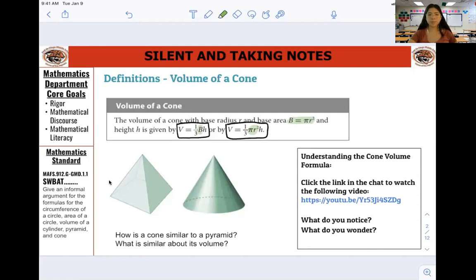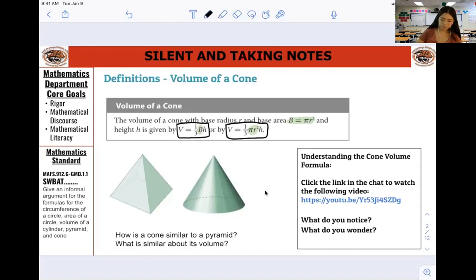Okay, but shape-wise, what's similar, what's different? We're talking about it. One is a circle. So be more specific. Which one is a circle and what part of it is a circle? The base.